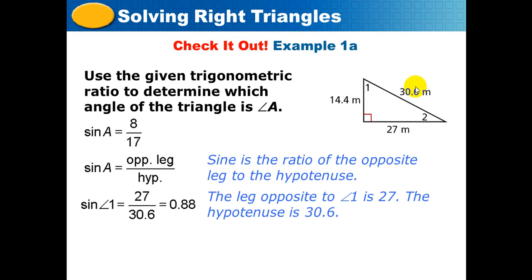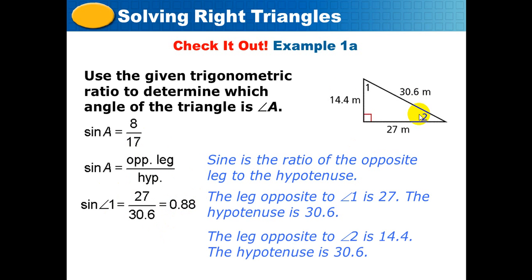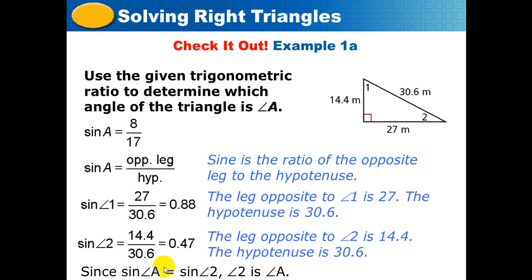So sine 1 equals 27 over 30.6, which equals 0.88, not equal to 8 over 17. Let's try angle 2. The opposite to angle 2 is 14.4 and the hypotenuse is 30.6. So sine 2 equals 14.4 over 30.6, which equals 0.47. Since sine A equals sine 2, angle 2 is angle A.